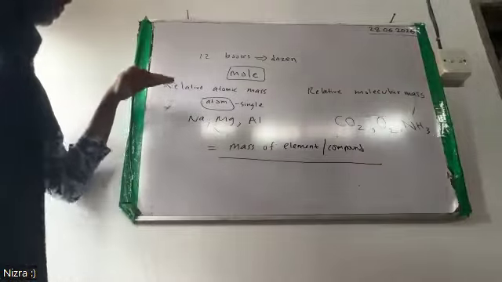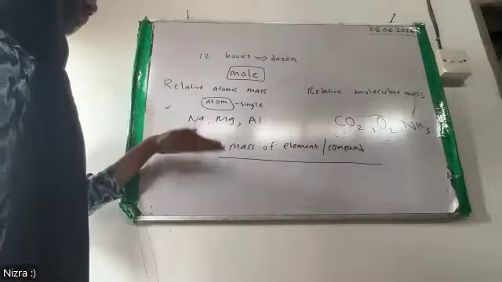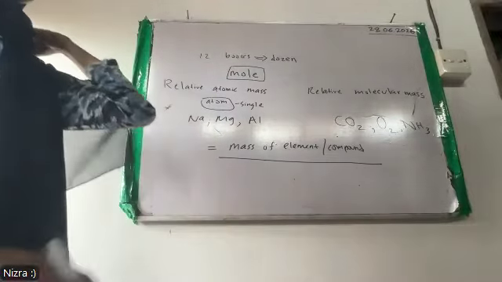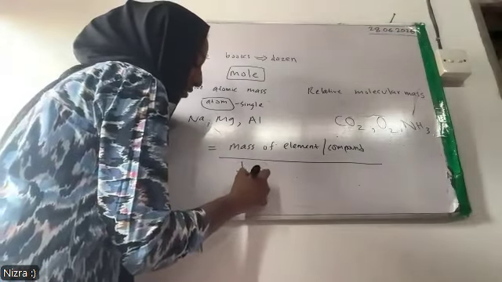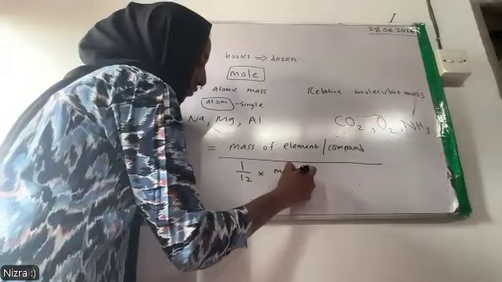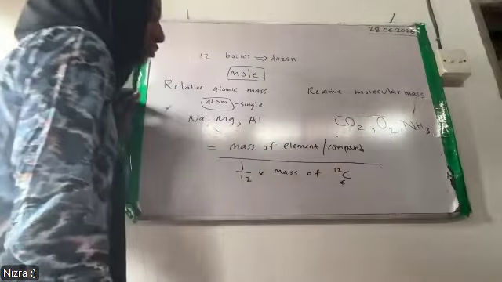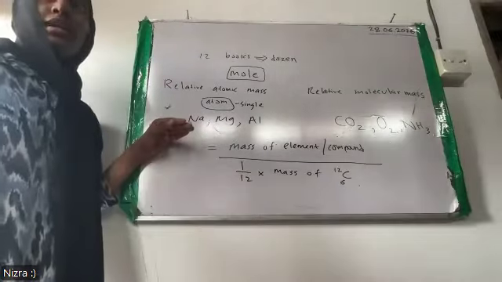Whenever you get the name relative, we are always seeing the mass of an element or compound relative to a standard. So already the chemistry people have taken the standard as 1/12 the mass of carbon. So relative to this, you are seeing how much is the mass of the element.